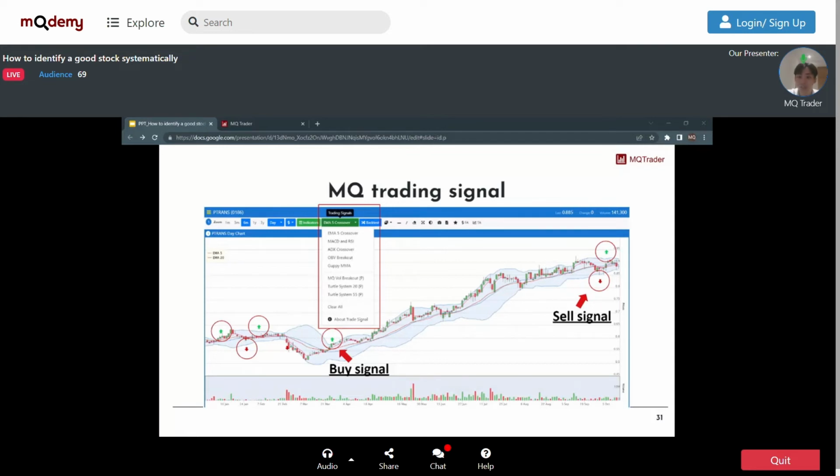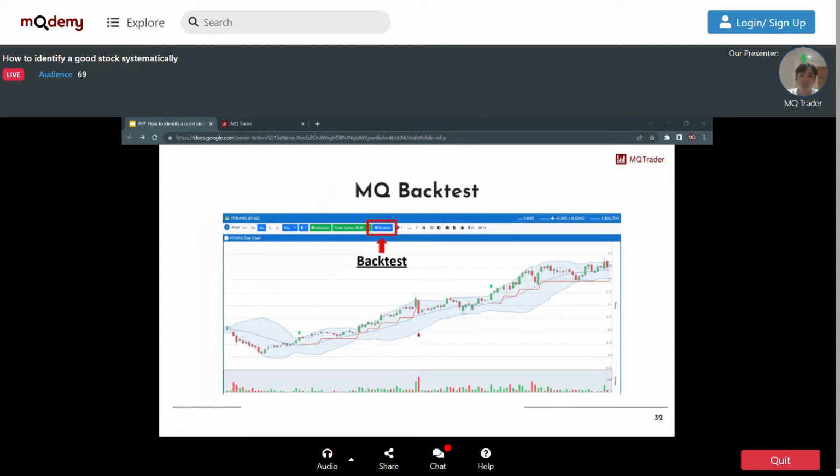If we choose EMA 5 crossover, then the system will generate the signals based on the EMA 5 crossover that you have chosen. The green and red arrows on the screen are the buy and sell signals based on the strategy. After you choose your trading signal type, you can click the blue backtest button over here.